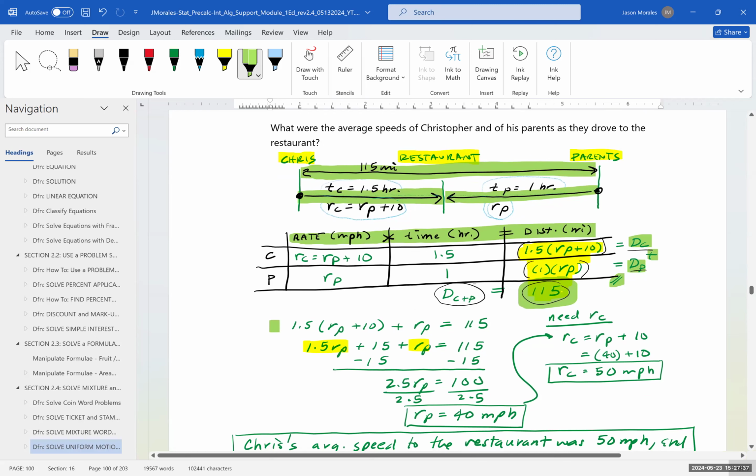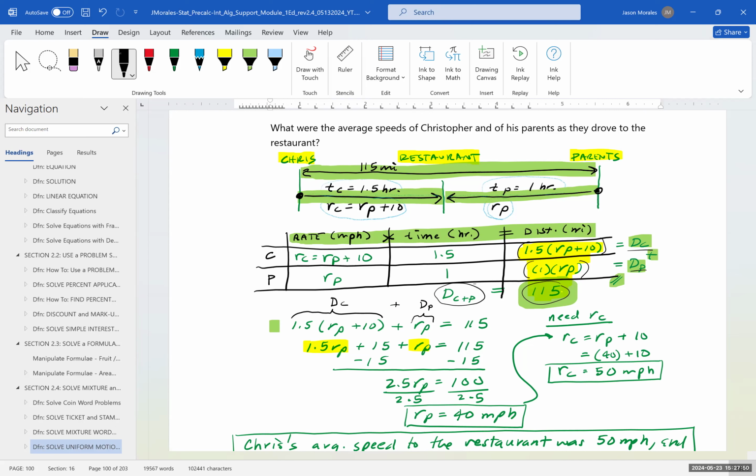And so this is Chris's distance. And this is his parents' distance. And that equals 115.